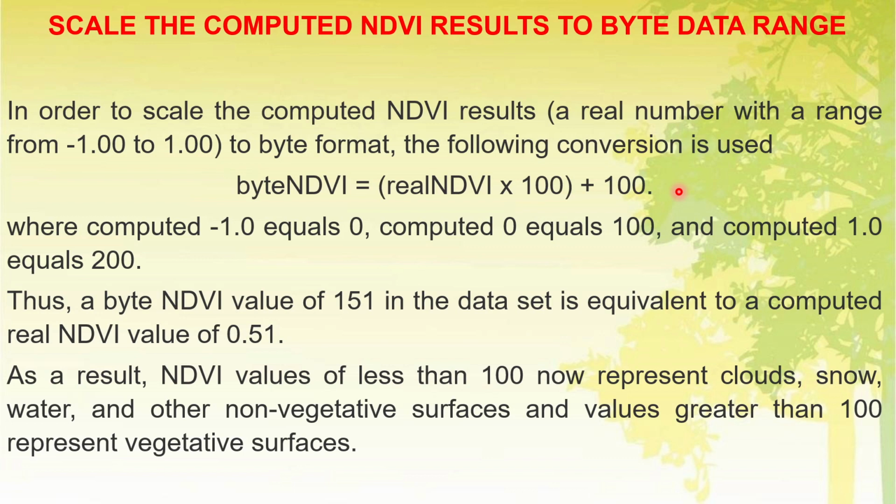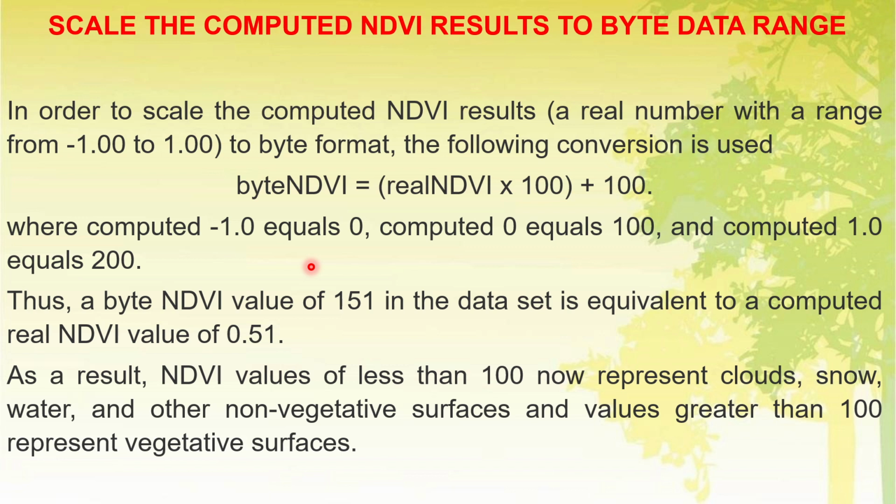So now we may slightly modify the formula of NDVI to scale the computed NDVI results to byte format. So the computed results will be between the value -1 to +1, but in byte format, that is 0 to 255 value, that is 8-bit channel.